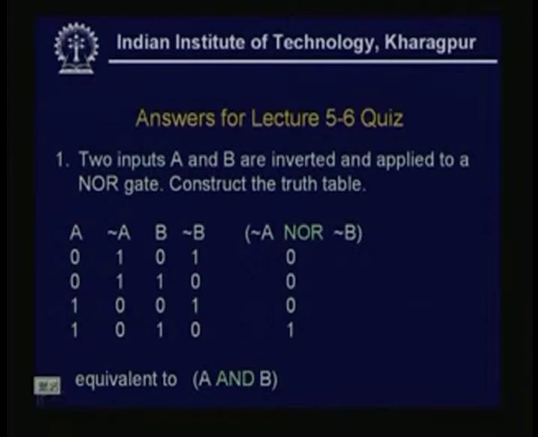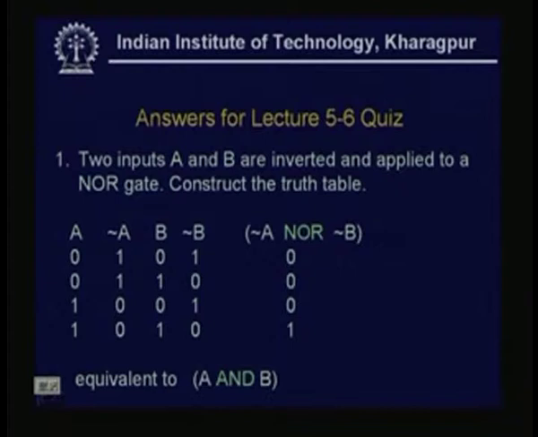Similarly, 1 plus 0 is 1, complement of that 0; 0 plus 1 is 1, complement of that, NOR, is 0; 0 plus 0, that is the OR of negation A and negation B, is 0, complement of that becomes 1.